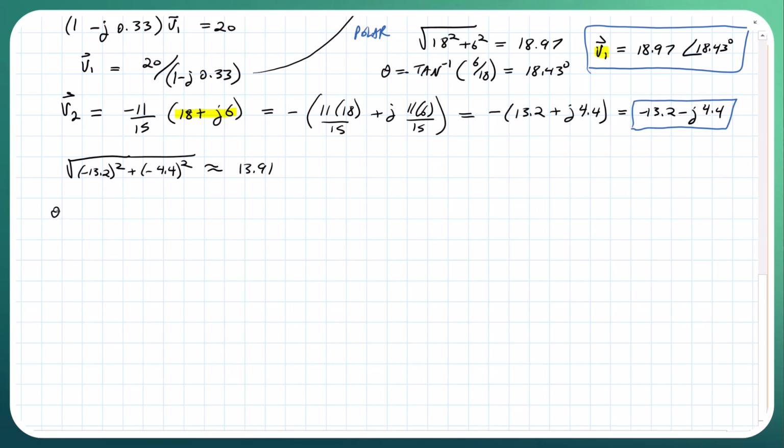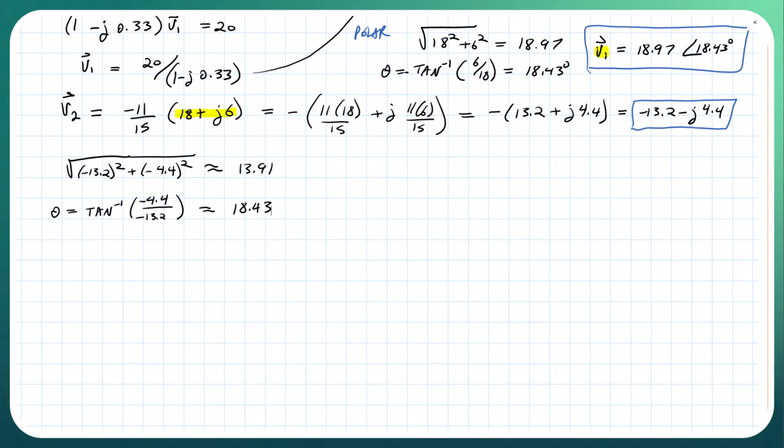And then we do our angle, tangent inverse y over x, minus 4.4 over minus 13.2, and that's going to give us roughly 18.43.